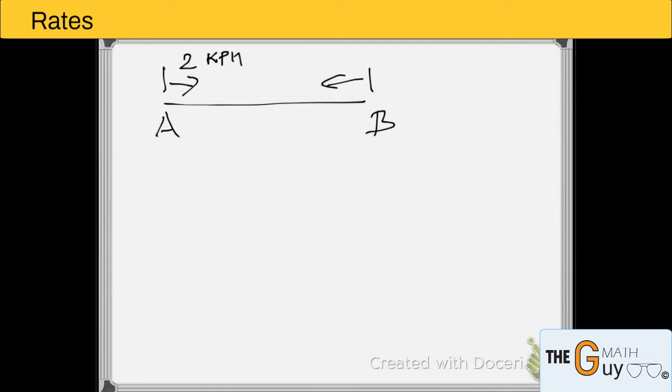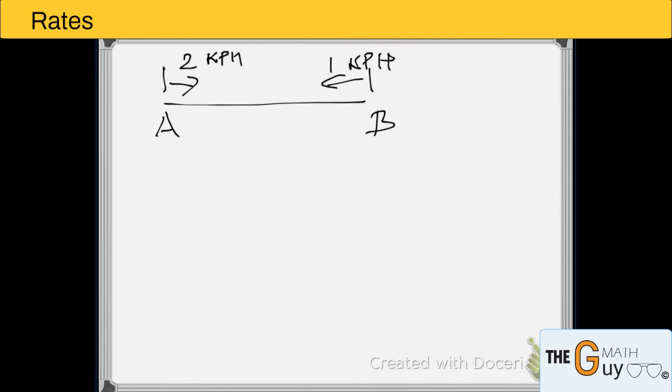Now, in the first situation, let's say that you have two objects A and B and they are traveling towards each other. Let's say A travels at 2 kilometers per hour, and B travels at 1 kilometer per hour.